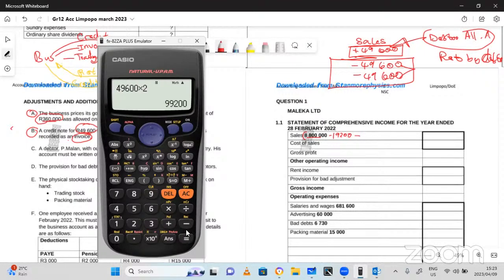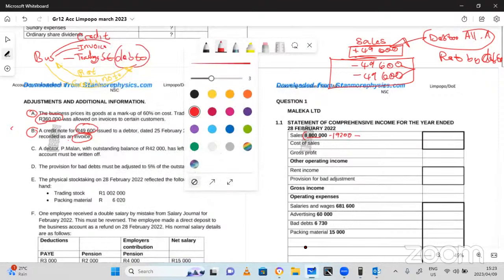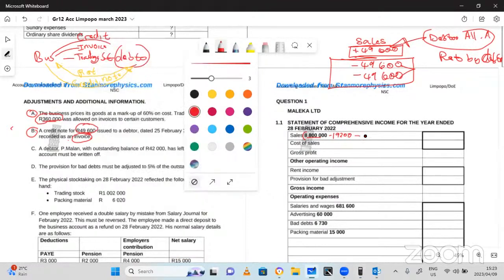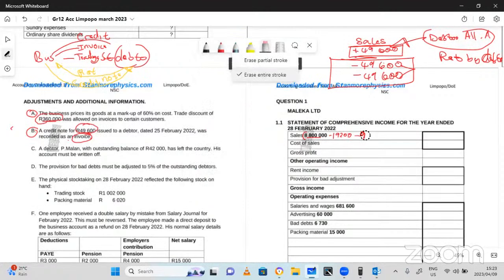By 2, which will give us 99,200. So you write your 99,200 over there. Oh, sorry. I think next time I will use the calculator that I have on the hand.